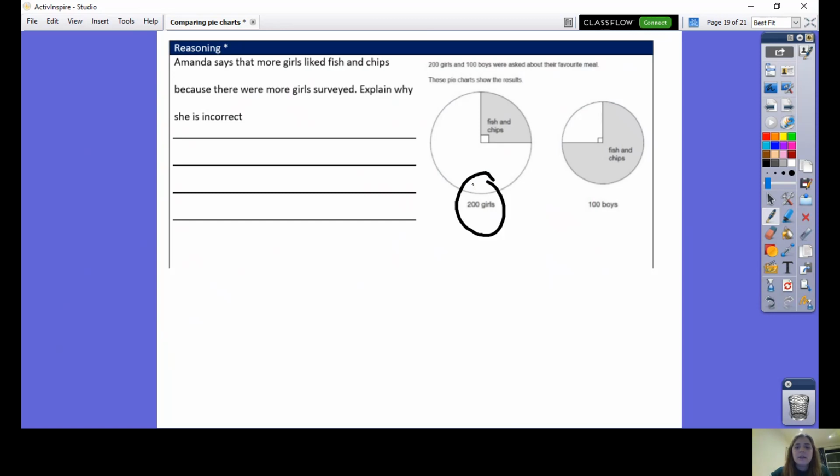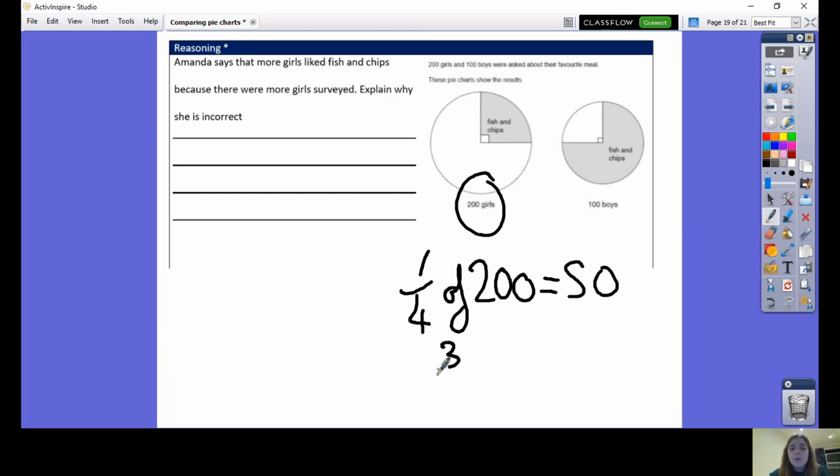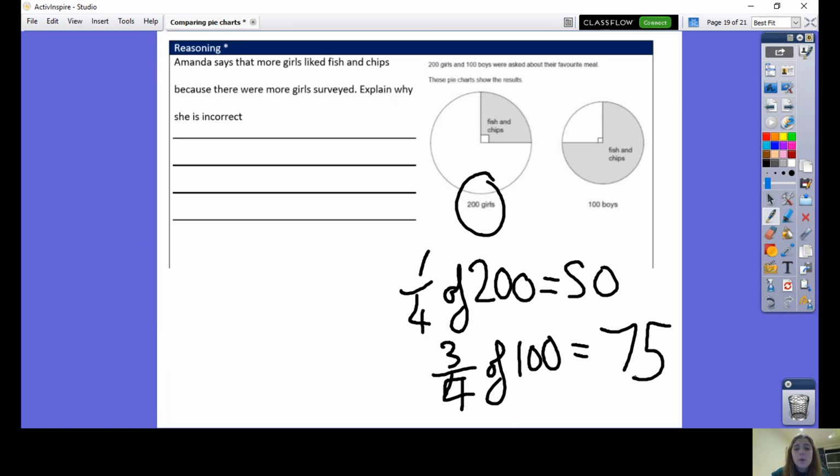Well, let's work out actually what the answer is and why. 1/4 of girls like fish and chips, and there were 200 girls. 1/4 of 200 is equal to 50. 3/4 of the boys liked fish and chips. 3/4 of 100 is 75. She's incorrect because 1/4 of 200 is equal to 50, but 3/4 of 100 is equal to 75.